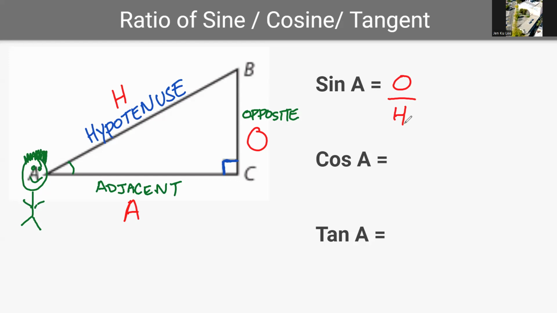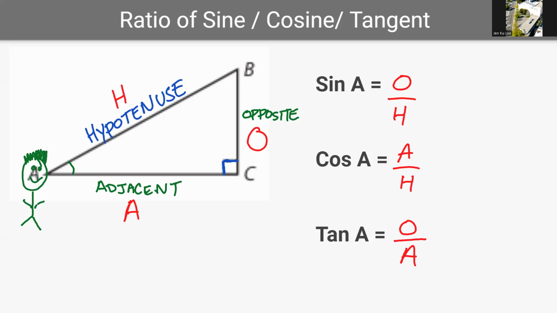Whatever your two sides are, it's going to be the opposite side over your hypotenuse. Cosine of A is going to be the ratio of adjacent over hypotenuse. And the tangent of A is going to be the opposite over adjacent. So these are your formal notes.